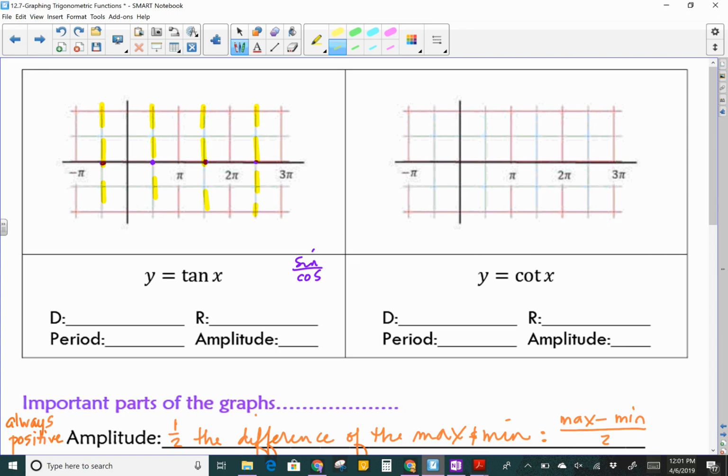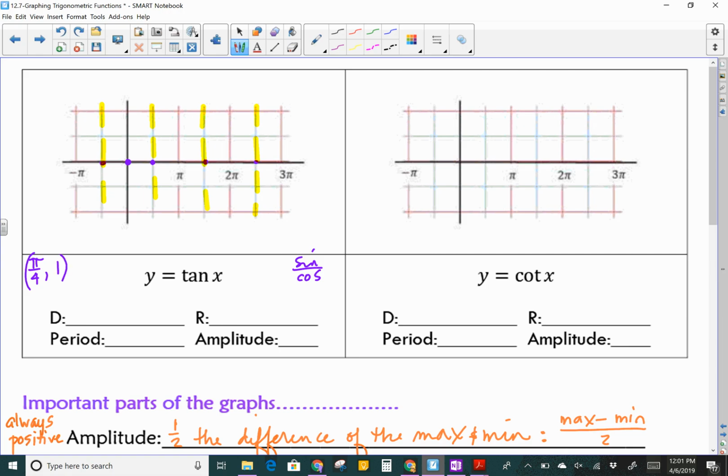Okay, so back to it. Now, what happens halfway between the asymptotes? Well, what is the tangent of 0? Tangent of 0 is 0. And then the other key point that, if you remember, will work for both of these functions, what is the tangent of pi over 4? Well, that's where the sine and the cosine are the same number, so the tangent is 1.